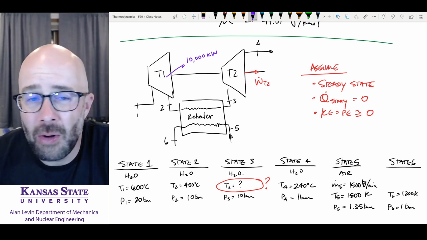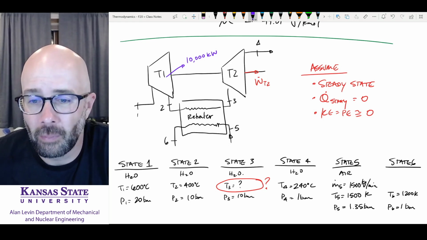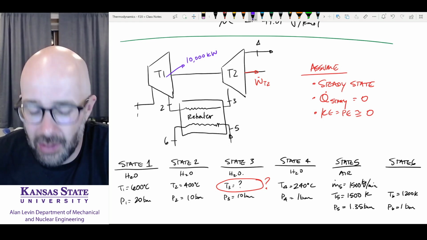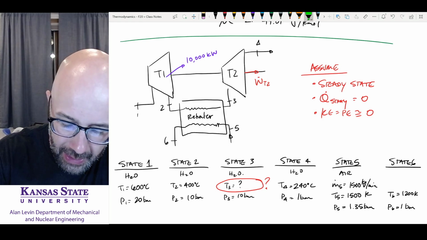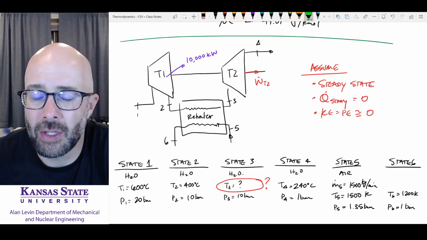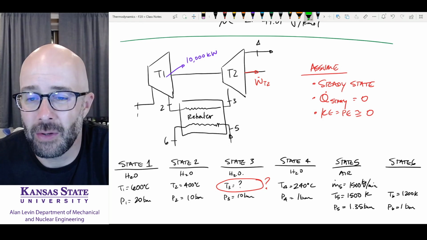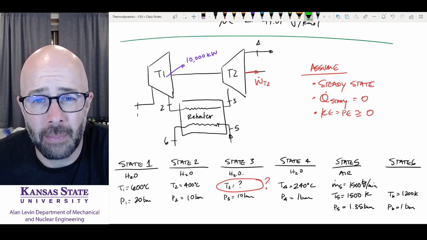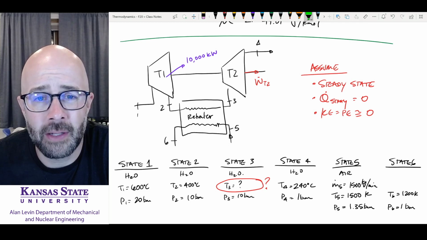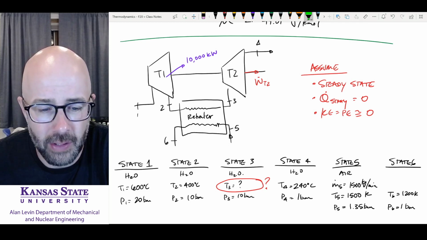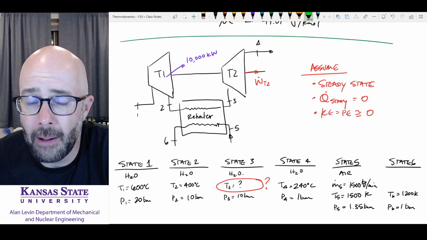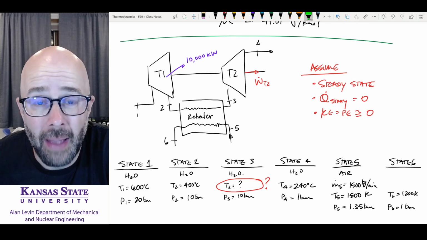Okay? So how do we find this information? Well, it's all kind of sticking around this control volume. We need to get around turbine 2. But with turbine 2, we don't know a state coming in, and we don't know what the power is. So we have to go backwards. Think about, okay, we can find mass flow rate.